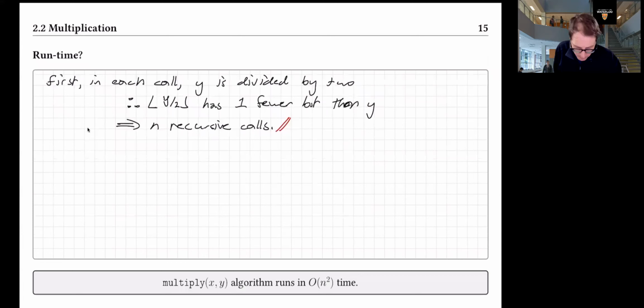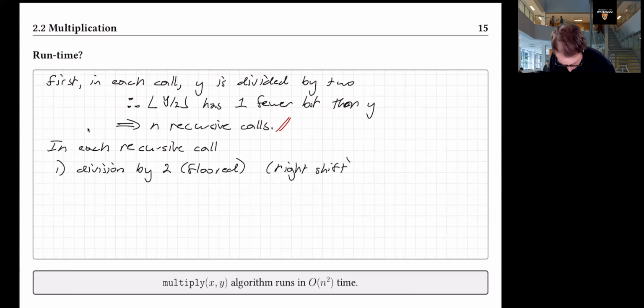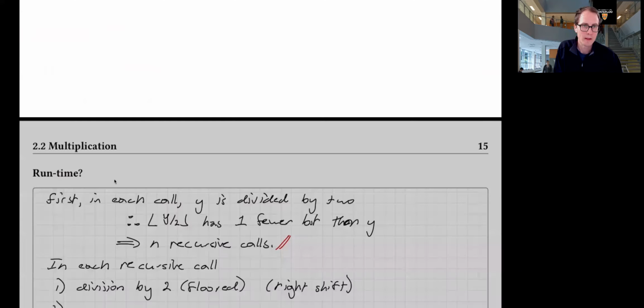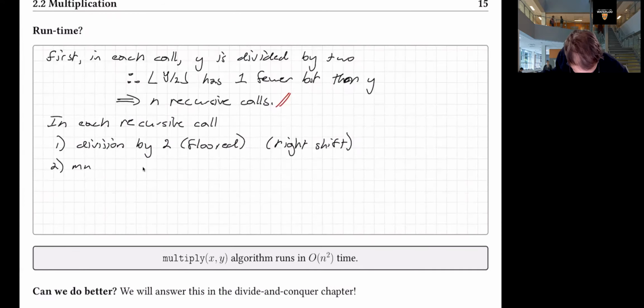So in each recursive call, we do the following operations. 1, we do a division by 2, which is floored, and that's just a bit shift, a right shift. 2, we do a multiplication by 2, which again is just a bit shift, a left shift.